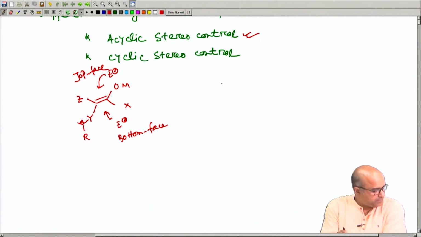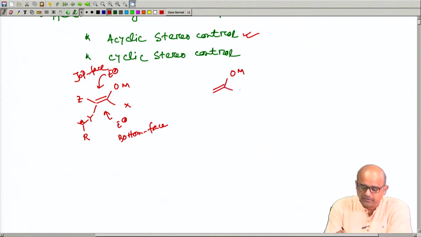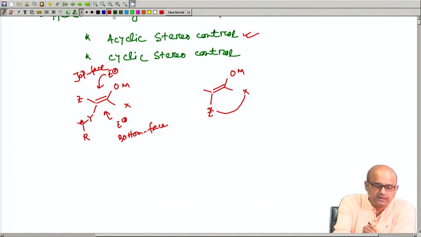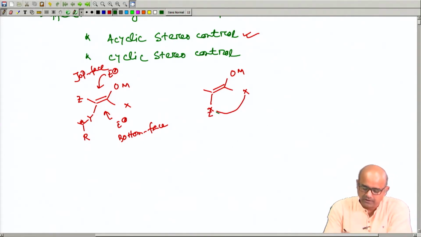Sometimes things are a bit different. Let us say you have a similar kind of enolate OM, with X and Z, or X and Y, you have a cyclic formation. Now, it is a cyclic thing, a cycle or an annular ring structure.